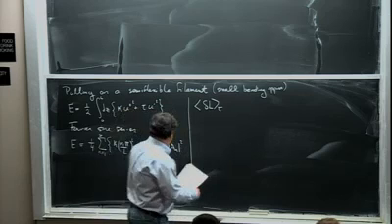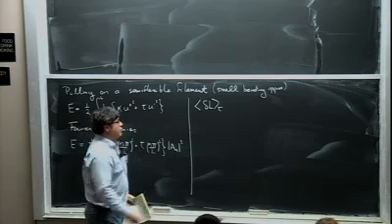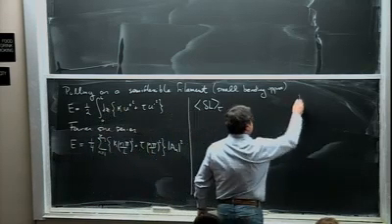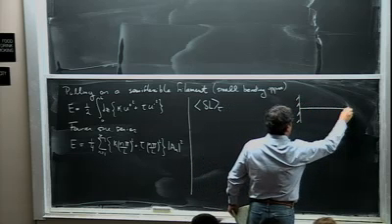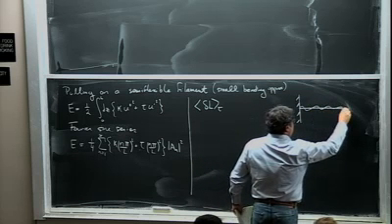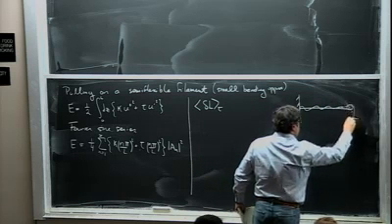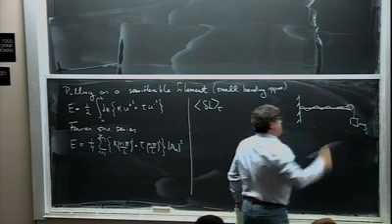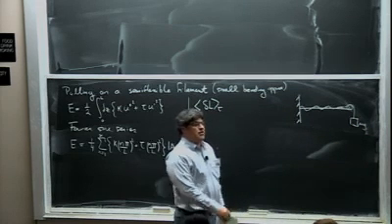So you could picture it something like the filament's wobbling around like this. I have it going over a pulley, and I have mg hanging down here, so it has a fixed weight.